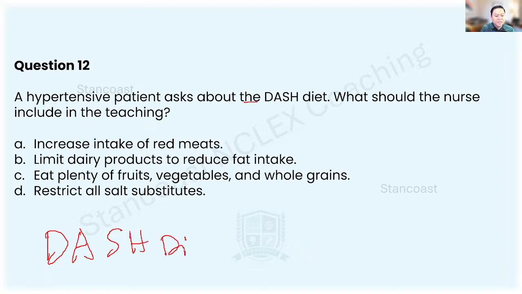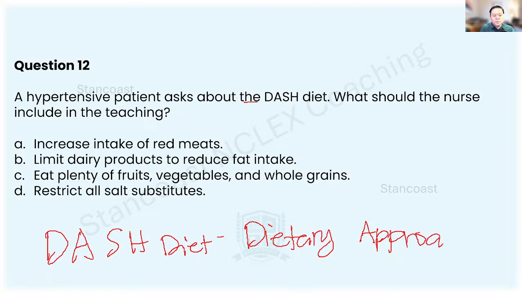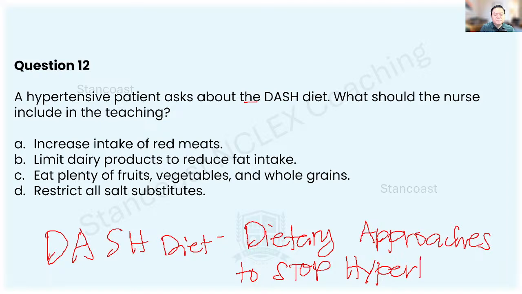Dash diet. So that's dietary approaches to stop hypertension. So that's what it meant. Hypertension. Dash diet. Approaches, dietary approaches to stop hypertension. So let's talk about the letter A. Increase intake of red meats.